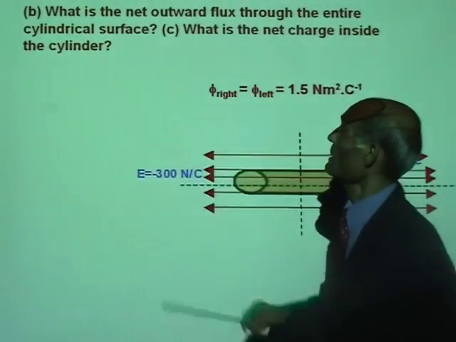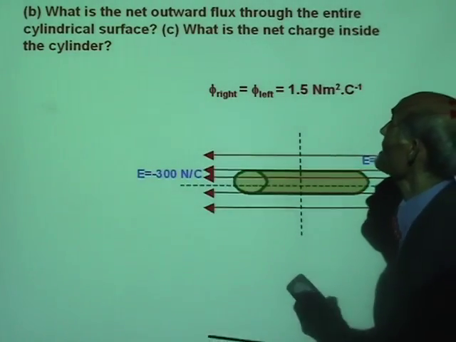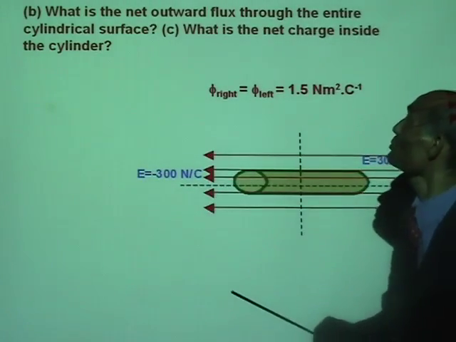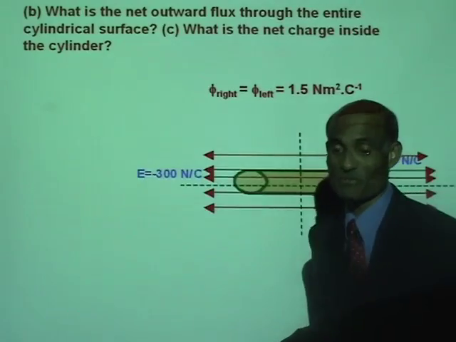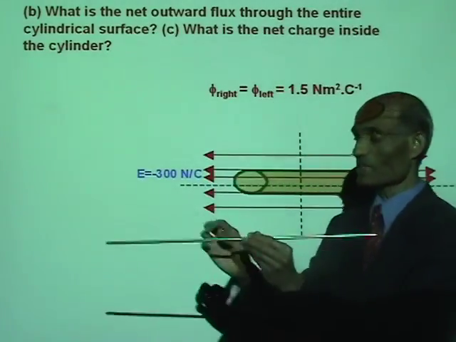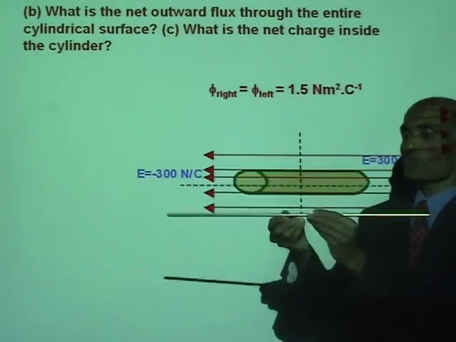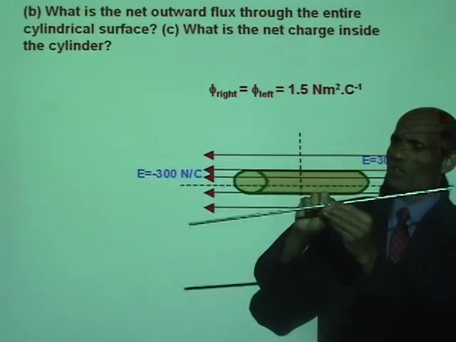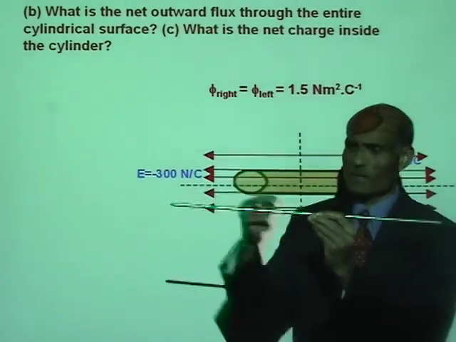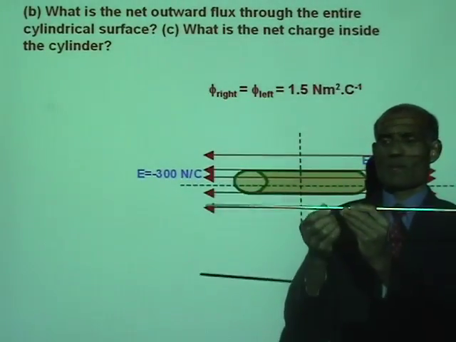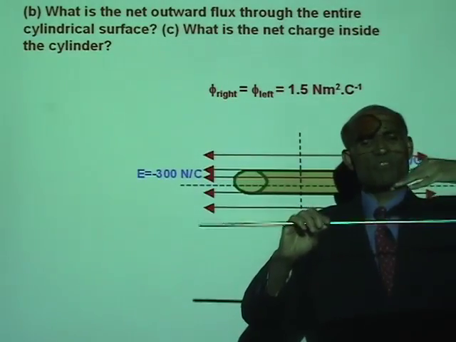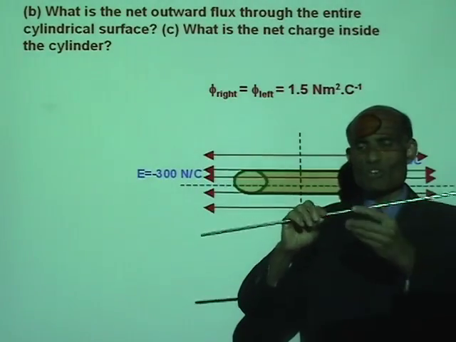Alright, B part. What is the net outward flux through the entire cylindrical surface? Now, this is actually a cylinder. Now, the electric field is that way and this way. Now, tell me, what is the flux crossing the cylindrical surface?